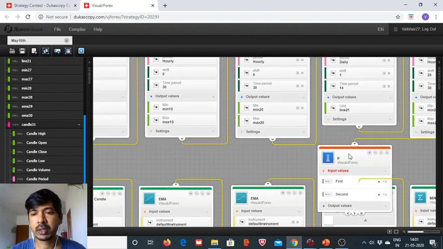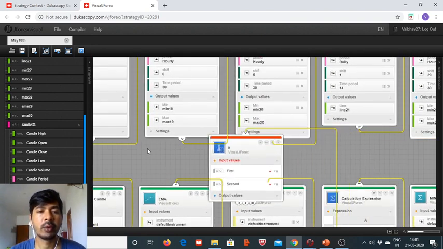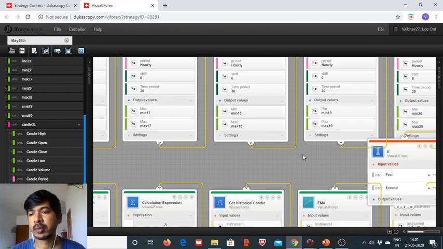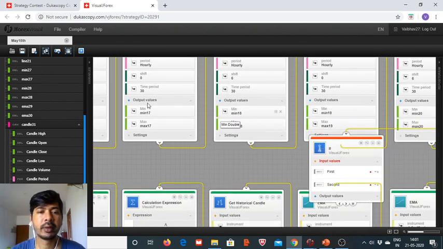Now the current maximum value, maxima 17, should be above the 10 EMA.